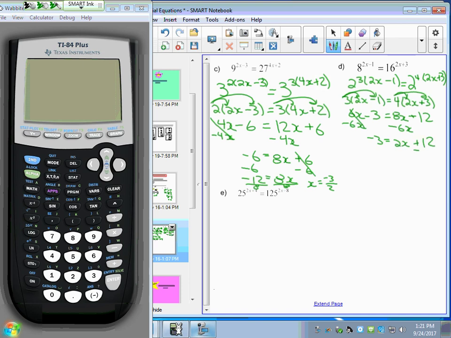Move the 12 to the other side by subtracting it. I get negative 15 equals 2x. And I divide both sides by 2. And I get x equals, oops, negative 15 over 2 is my answer.